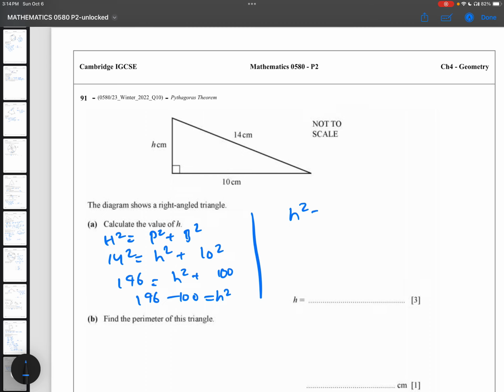So h square is equal to 96. h will be equal to the square root of 96. I will have to take the square root in order to remove the square. That is equal to 9.8. So height is 9.8 centimeters.